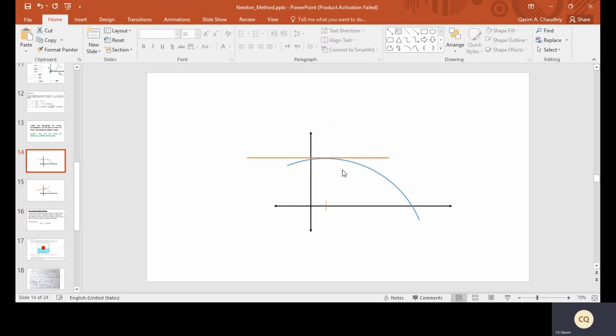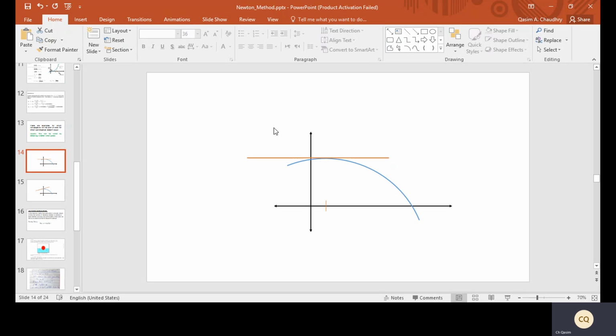For example, students, if you see this function, and if you take the initial guess to be at this point, where the value of the derivative is 0, what happens in this case is that the derivative is 0.